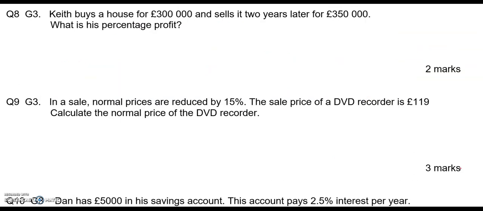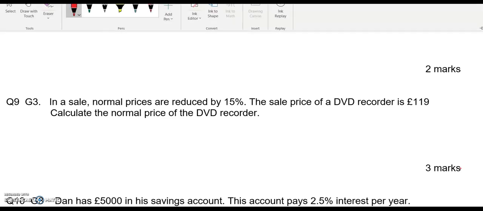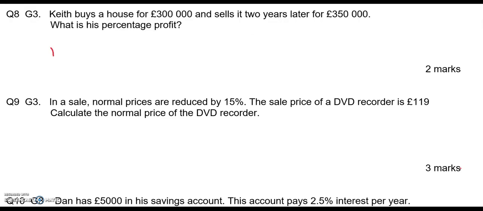The next question is asking, Keith buys a house for £300,000 and sells it 2 years later for £350,000. What is his percentage profit? So we've got the original price of the house being lower.